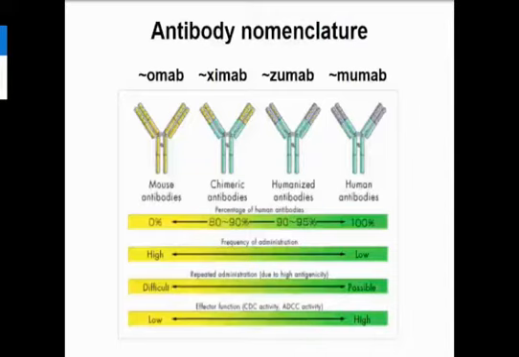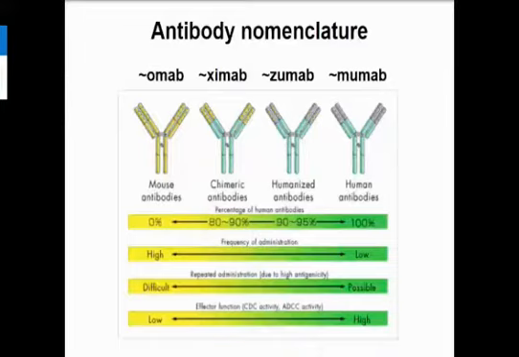Okay, so the mouse antibodies are of course 0% human, as opposed to the human antibodies, 100% human. And the chimeric and humanized have varying degrees of percentage human sequence. You have to give the mouse antibodies quite frequently because you'll get an immune response made against them in the human, and so you have to keep giving them, whereas a fully human antibody will last a long time in the blood of the patient, and in theory you don't have to deliver that as often.